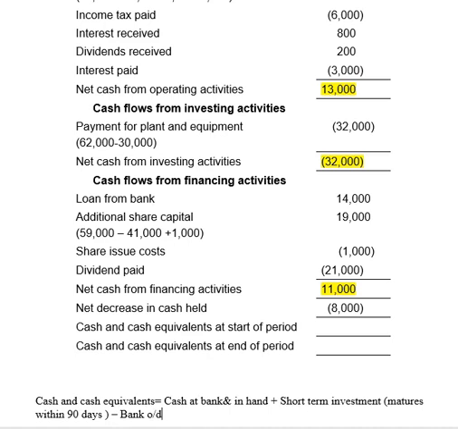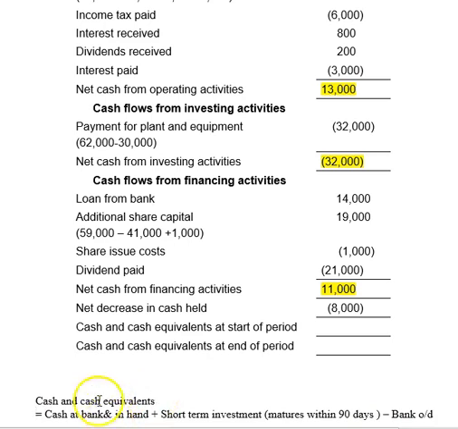Okay, it depends on each question. Sometimes we don't have short-term investment, so we just ignore it. Sometimes we don't have bank overdraft, so we just ignore it. So cash and cash equivalent equals to cash at bank and cash in hand, short-term investment that matures within 90 days, and then you need to minus off your bank overdraft.